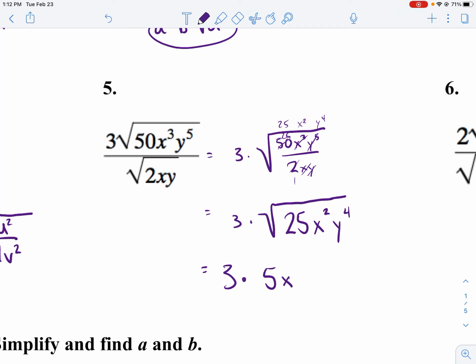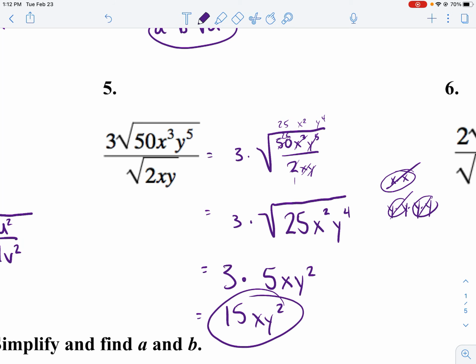The square root of x squared gives me an x. And for the square root of y to the 4th, we're looking for pairs, which means I bring out 2, and none gets left behind. For the x, we only had one pair, so I bring out 1 x. Finally we have everything outside: 15x y squared.